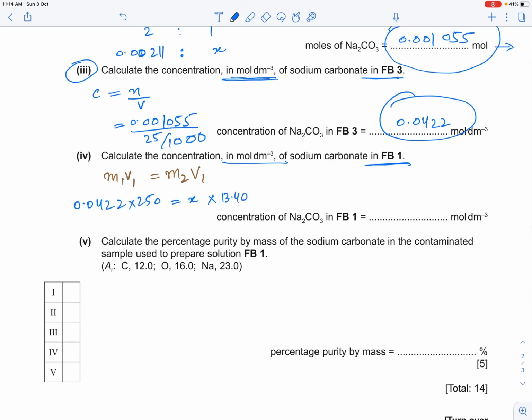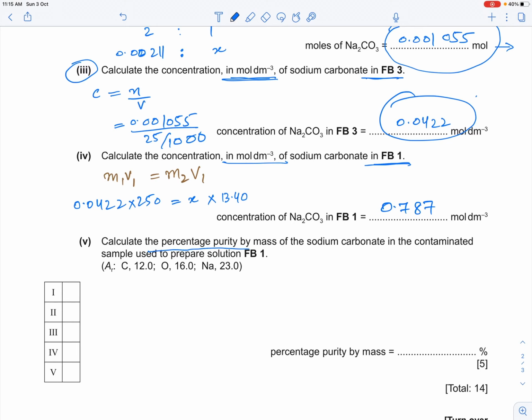So this would be 0.787. This is the concentration of sodium carbonate in FB1. This was the concentration of the diluted solution FB3, and this is the concentration of the actual solution FB1, 0.787.